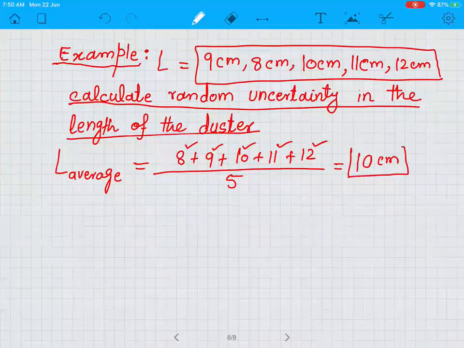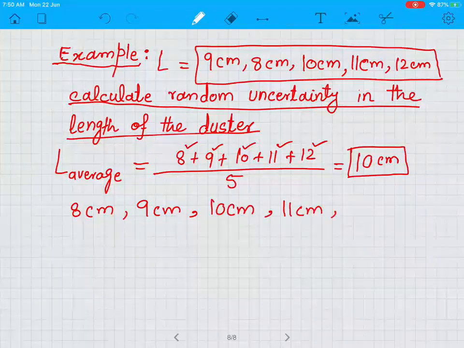Now 10 centimeter is the average of the length. Now you need to calculate the mean deviation. The first value is 8 centimeter. Then you have 9 centimeter, then 10 centimeter, then 11 centimeter, and then 12 centimeter.